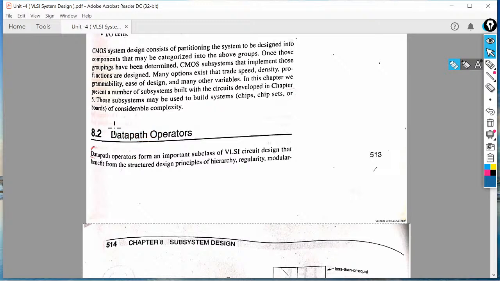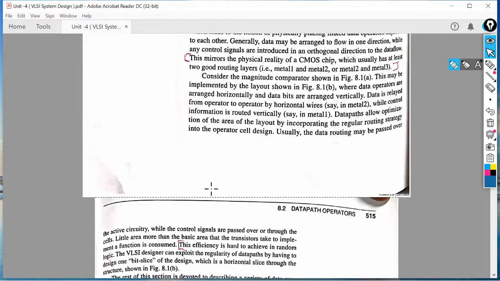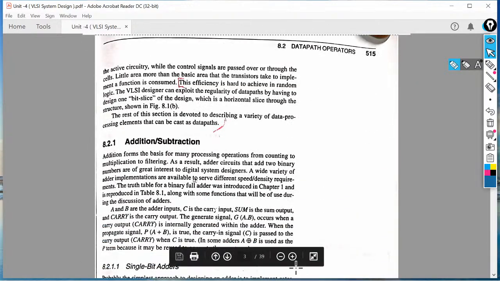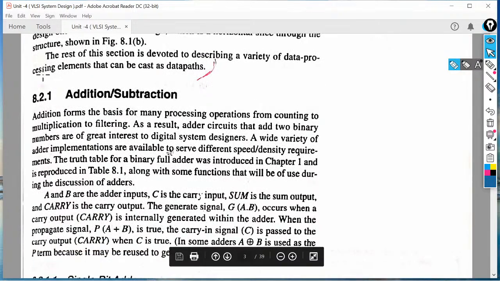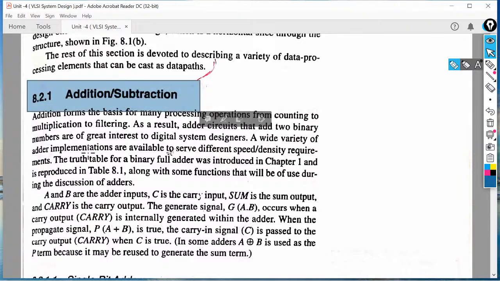Okay, after the study of this data path term, now we are moving towards the data path operators. The first data path operator is addition and subtraction.